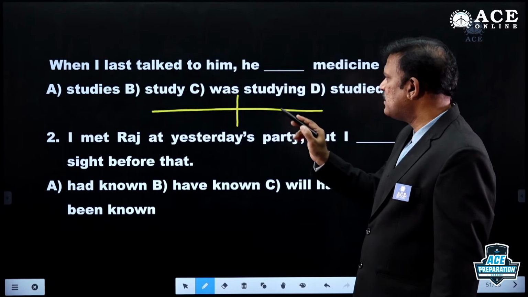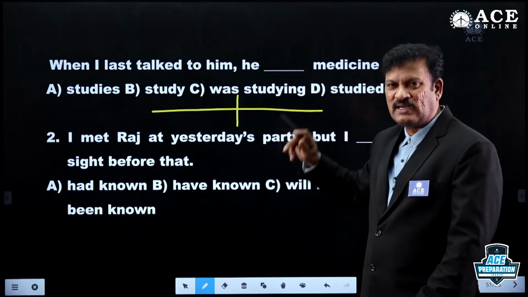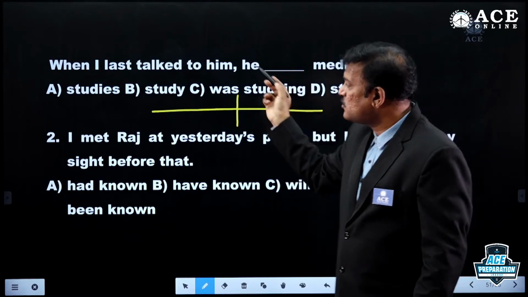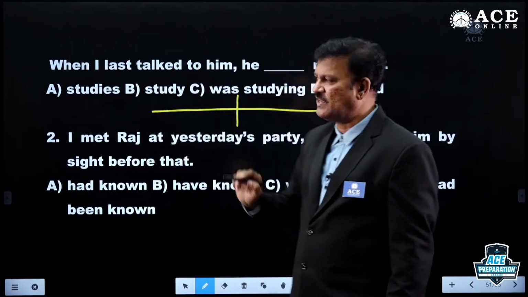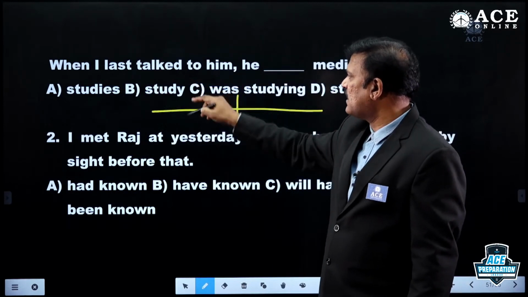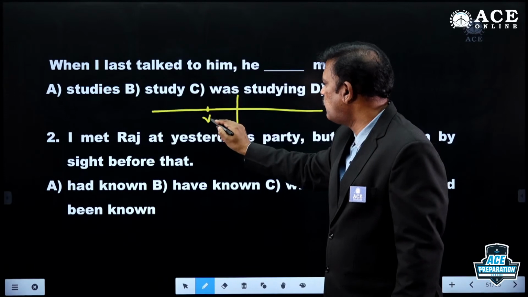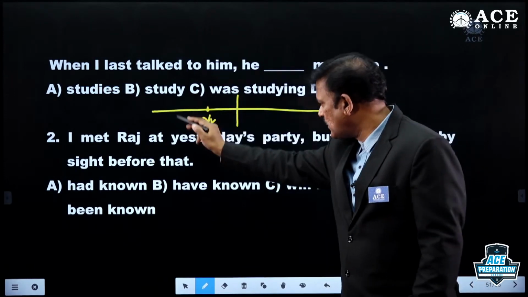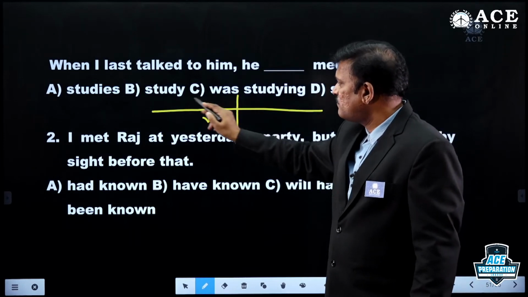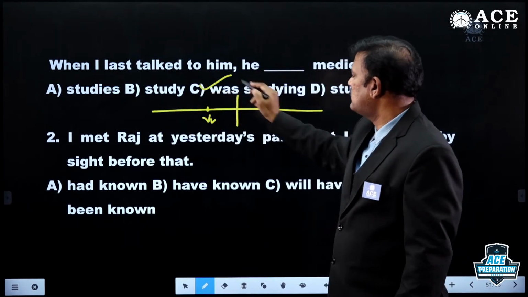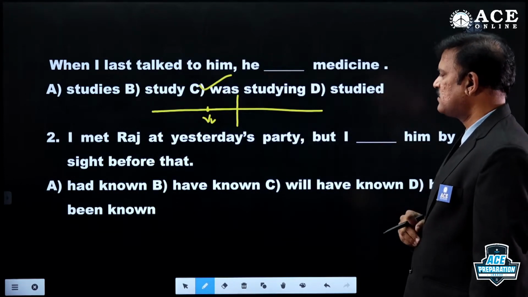Yes. Sometimes he gives time indicators and I ask you to give the verb in the main sentence. Sometimes I ask you to give the verb form in the time indicator. Here this fellow has already given a time indicator. When I last talked to him, V2 form, obviously the whole story happens here. At this time, he was studying medicine. Okay?